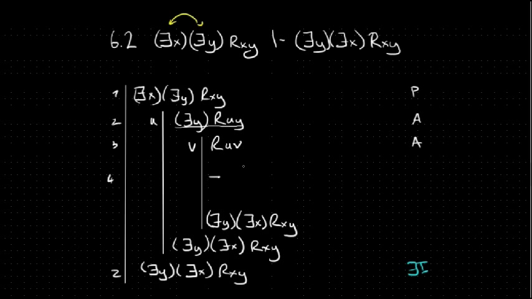So the steps we do this in are going to determine what we end up with. If we needed to do the Ey last, that means we'll have had this part of the sentence, Ex rxy. So let's do that, Ex rxy, from 3, existential introduction, and then on line 5 we'll do another existential introduction from line 4.